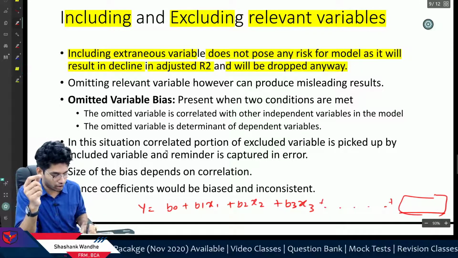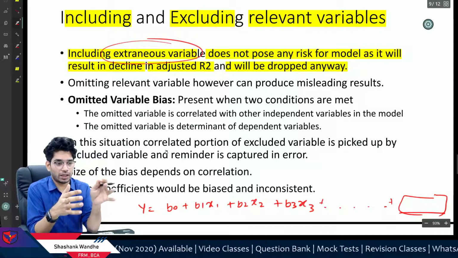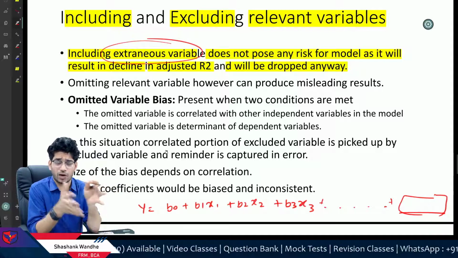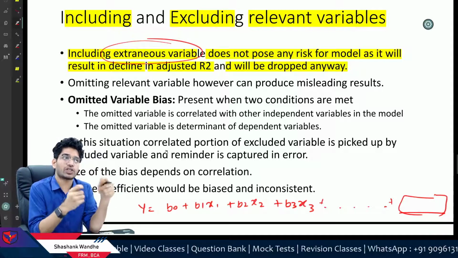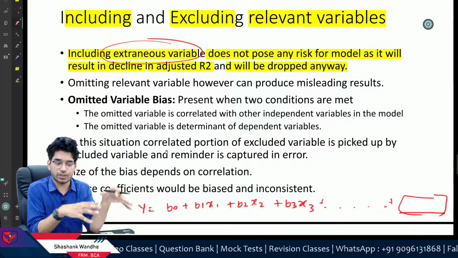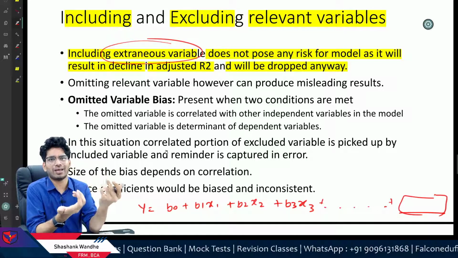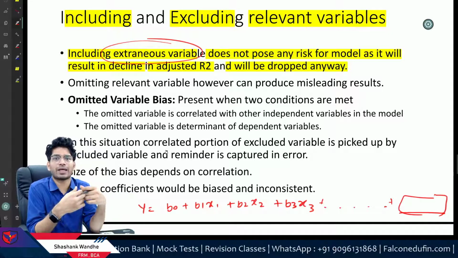Question is, what is an extraneous variable? An extraneous variable is a variable which is not important for your model. In simple terms, we can say an irrelevant variable.